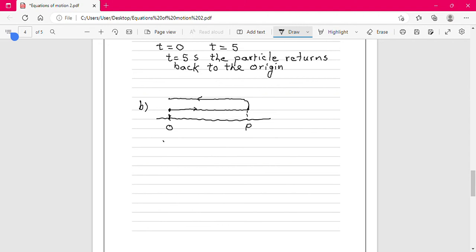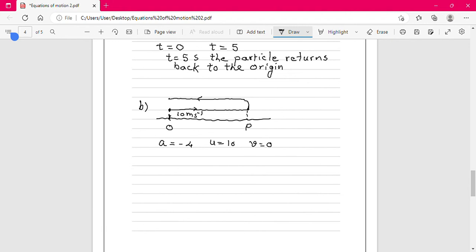So for that, A is -4, then U is equal to 10 given to you. The particle is crossing the origin in positive direction with a velocity of 10 meter per second. Then when it comes to P, the velocity becomes 0, so V is equal to 0.